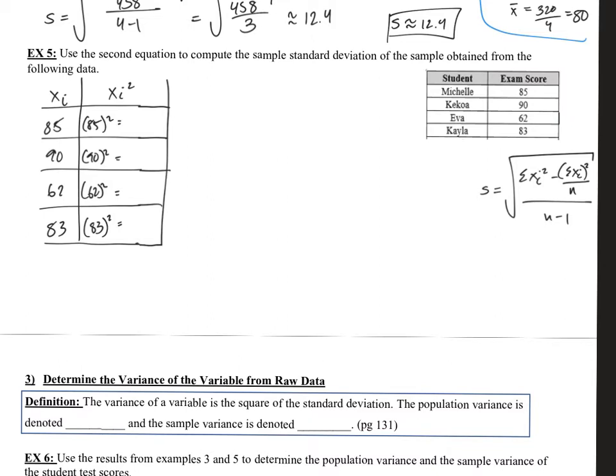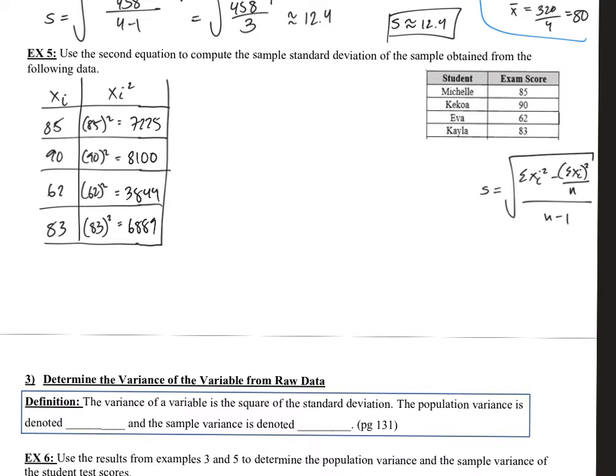So 85 times 85 is 7225. Then 90 times 90 is 8100. 62 times 62, 3844. 83 times 83, 6889. Let me just check that one more time. Yep, all right.